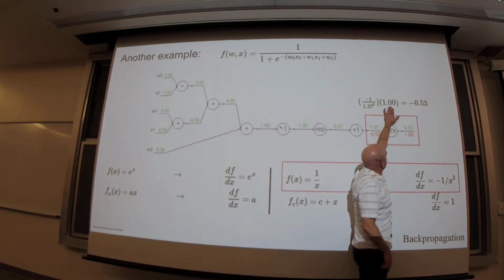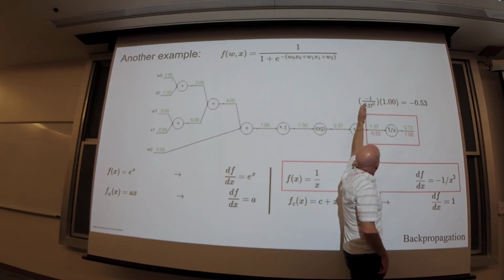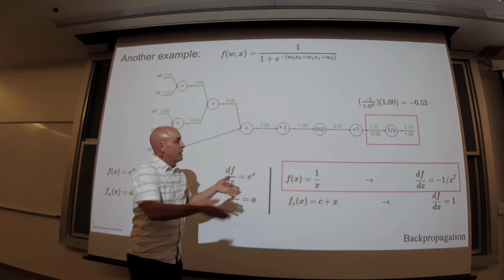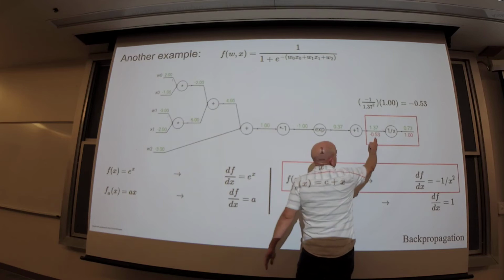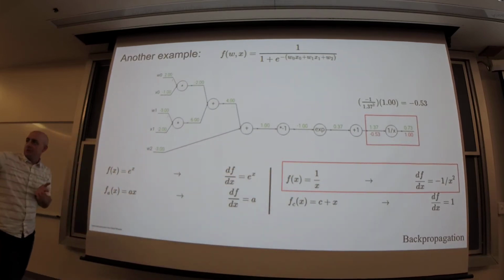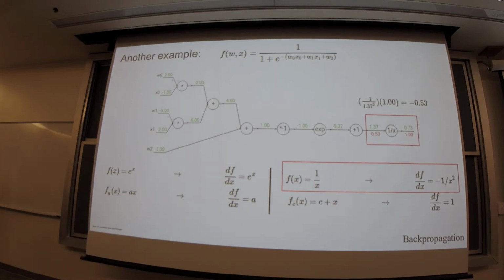So this is the upstream gradient, 1. This is the local gradient evaluated at the particular value of the input. Multiply those together, those are the two partials, and now we have minus 0.53 as the upstream gradient as we work back to the next node in the computation graph.